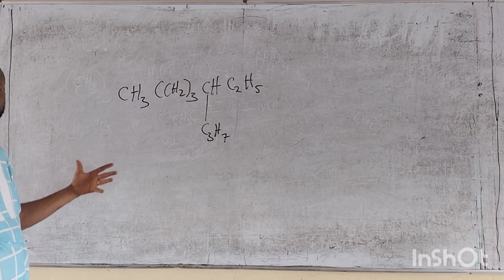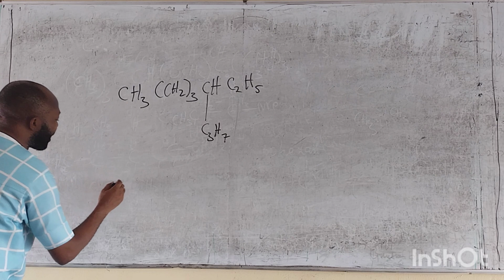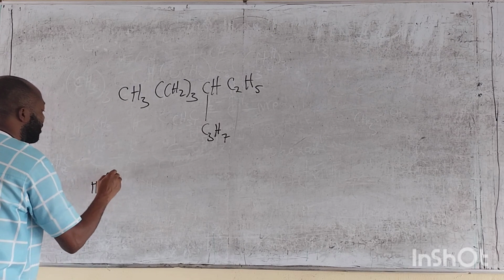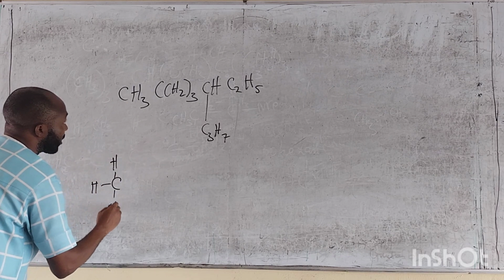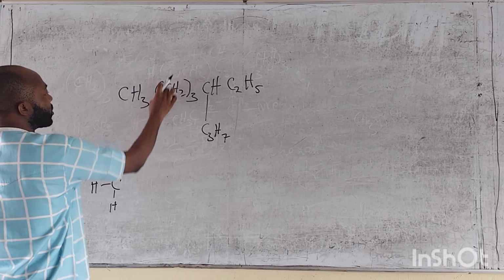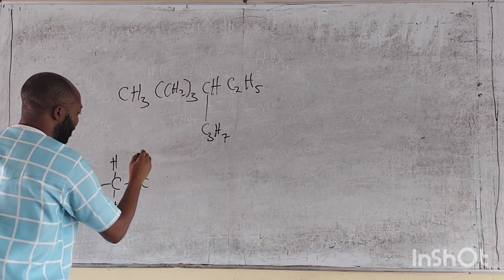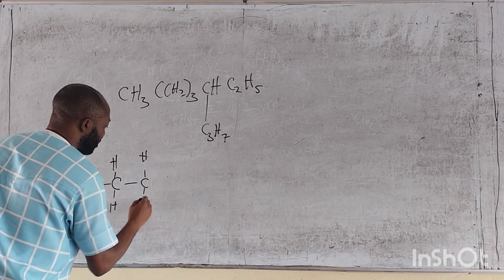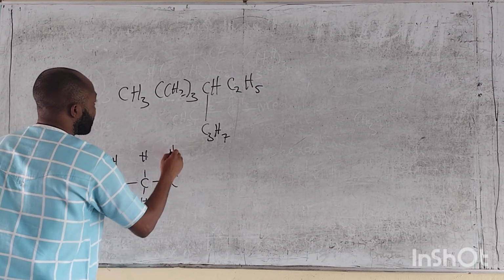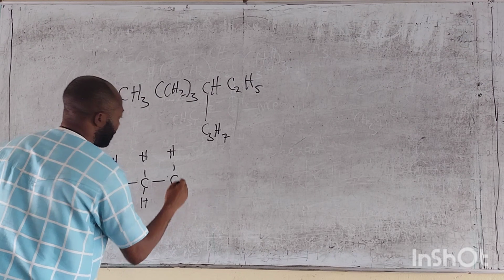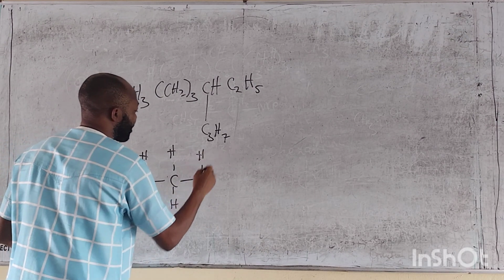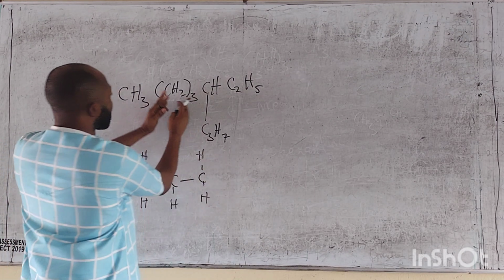Now, let us break it down. This is my CH3. I have 2 CH2 in 3 places: 1, 2, 3. This one is gone.